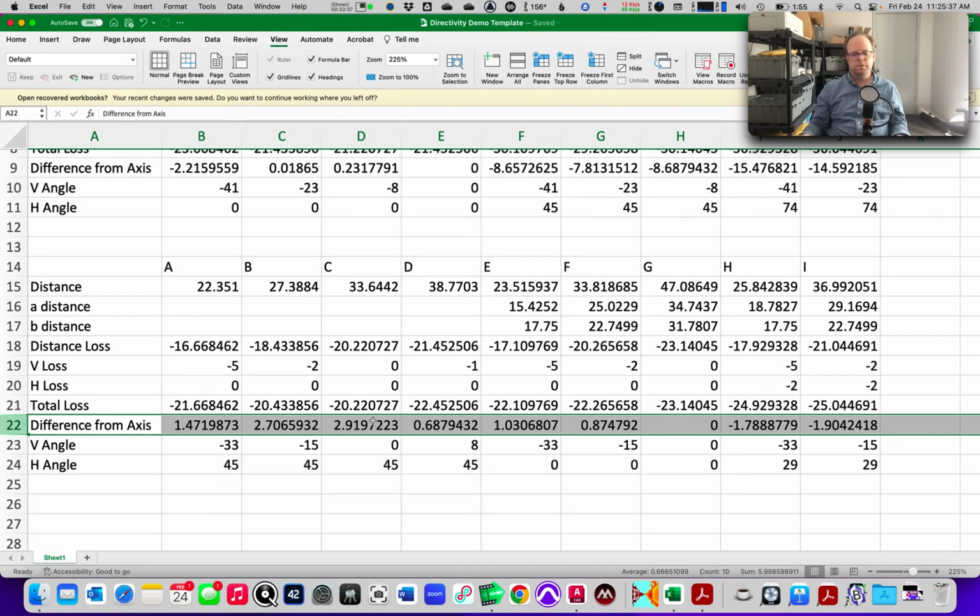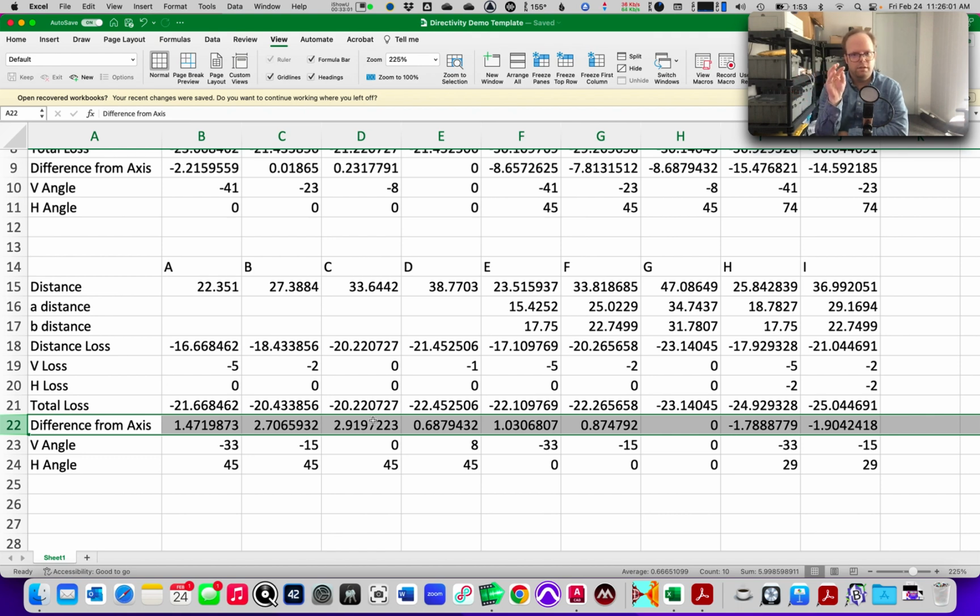Again, I'm not saying this is the way you should do it if you're really trying to design your sound system. I'm just saying that this shows you where this information comes from when you're using a program like Ease or ArrayCalc or Map or SoundVision or Lara or any of these other ones that you might use to plot your loudspeaker coverage.